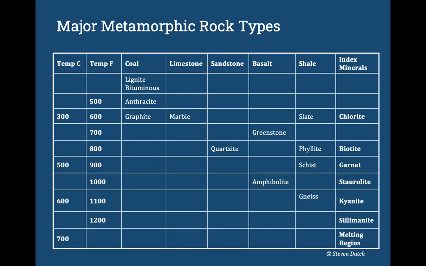And this, you don't need to know any of this stuff or memorize it, but it's just kind of cool to see exactly how this stuff works. And we have very consistent transformations. Like we already talked about sandstone and quartzite. It's going to be at a certain temperature, roughly 800 degrees Fahrenheit, a little over 400 degrees Celsius here. When sandstone gets to that temperature, that's when it actually transforms into quartzite, right?